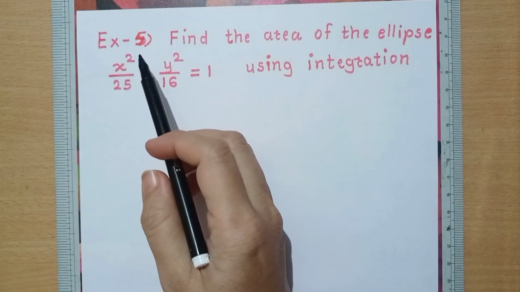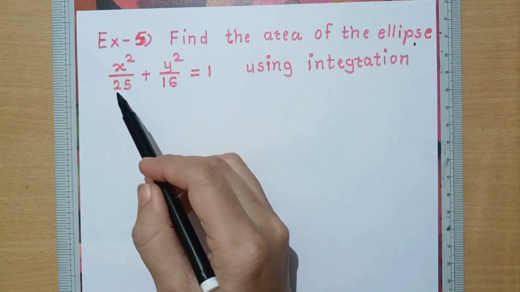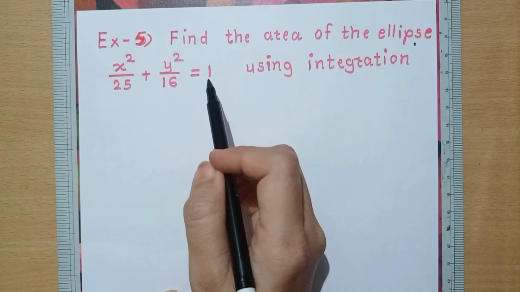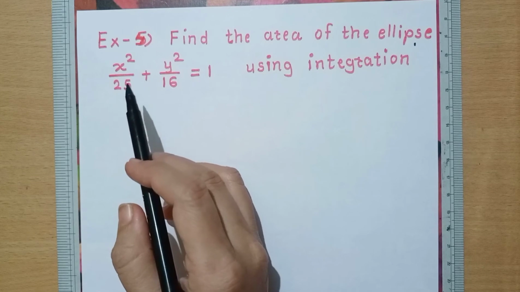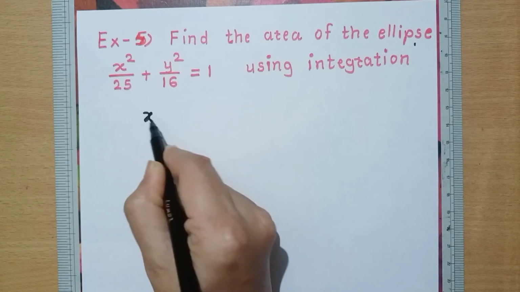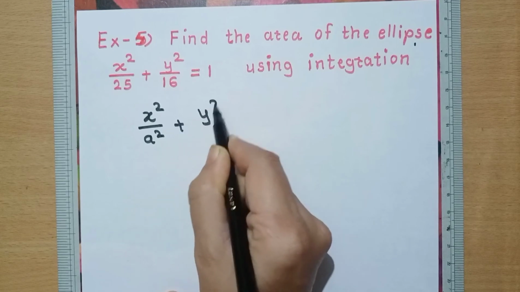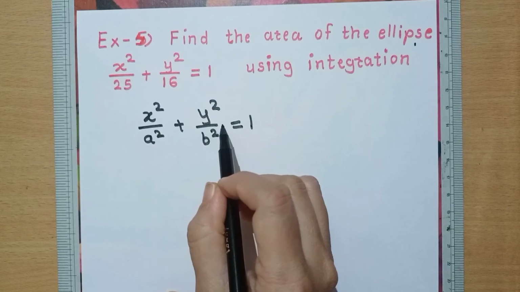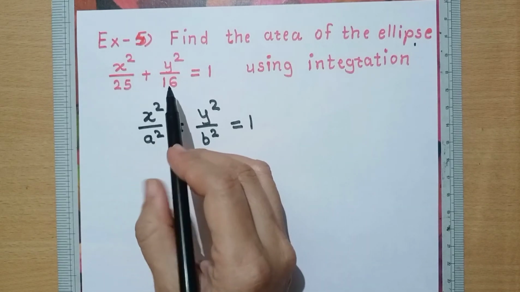This is our fifth example. Find the area of the ellipse x square upon 25 plus y square upon 16 equal to 1 using integration. By observing, this is in the form x square upon a square plus y square upon b square equal to 1. This is the standard equation of an ellipse where this value is greater than this.